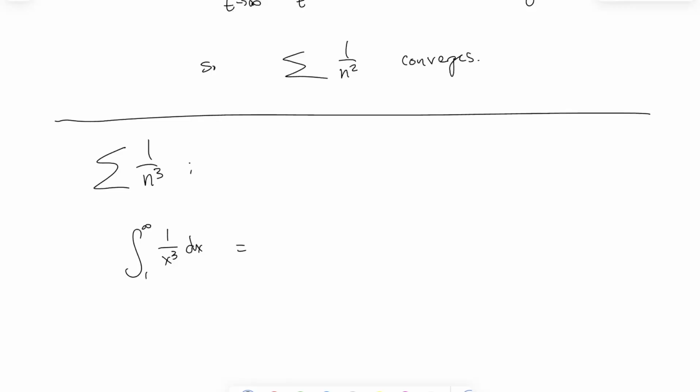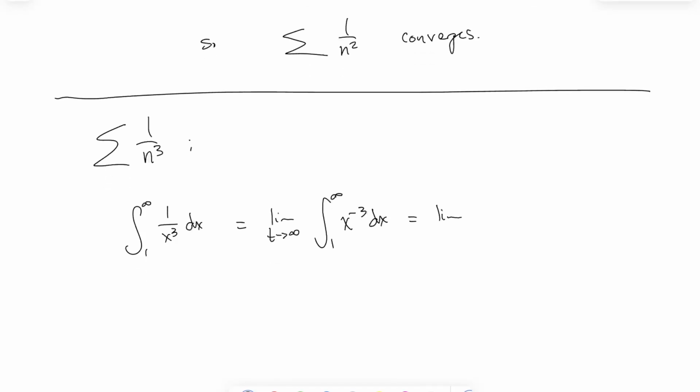It's very much like the one we just did. It's only, instead of a 2, it's a 3, right? So I am, again, going to convert it into a limit. We're going to do x to the minus 3 in there, from 1 to infinity. And this, when I do the antiderivative, from 1 to t, since it's an improper integral.